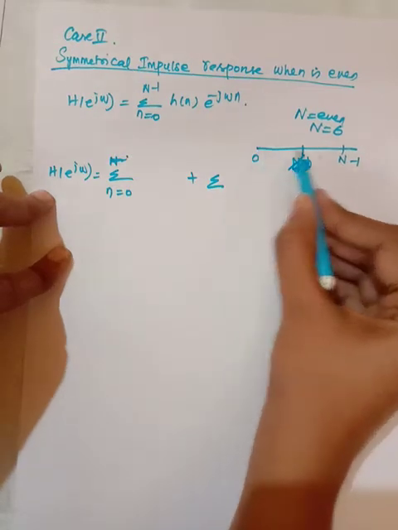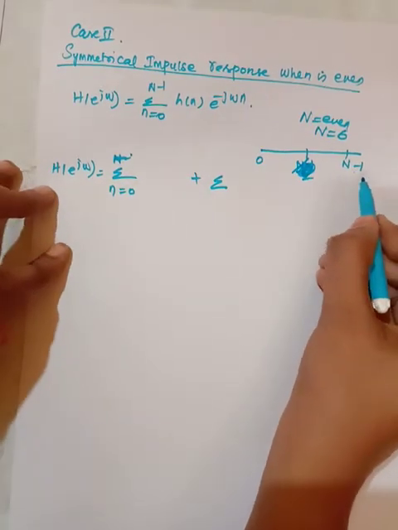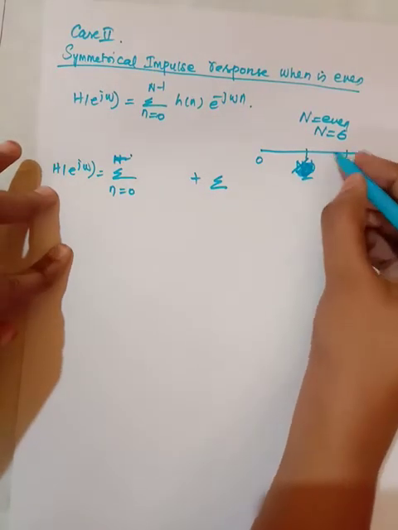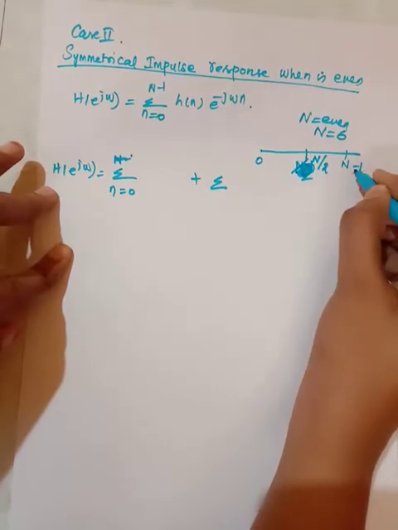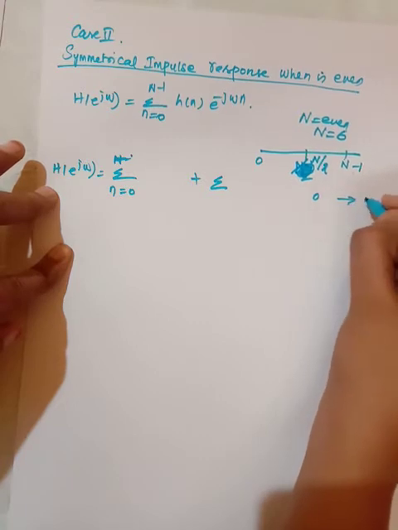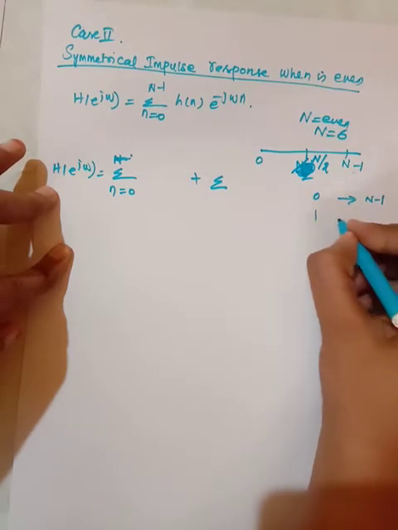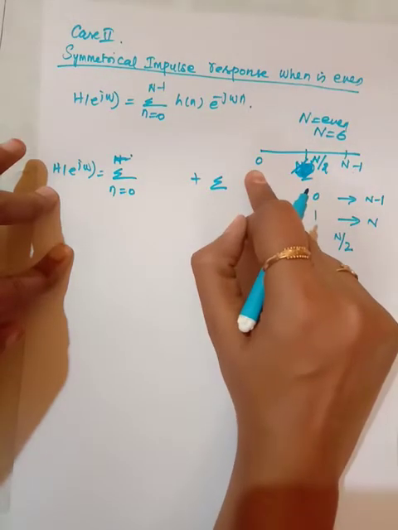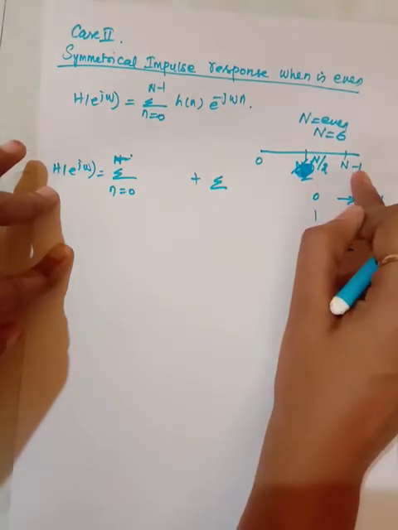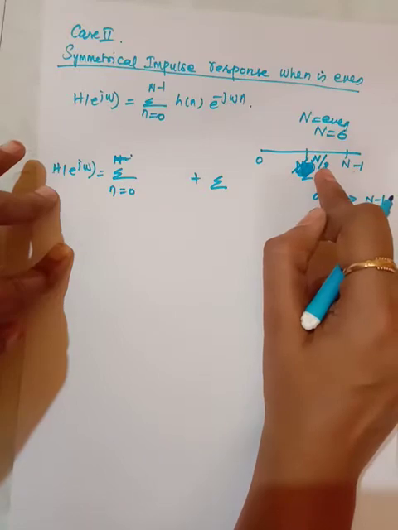So consider only 0 to n minus 1. In this case, you need to find the center value. The center value is n by 2. For the samples 0 to n minus 1, the center sample value is n by 2.